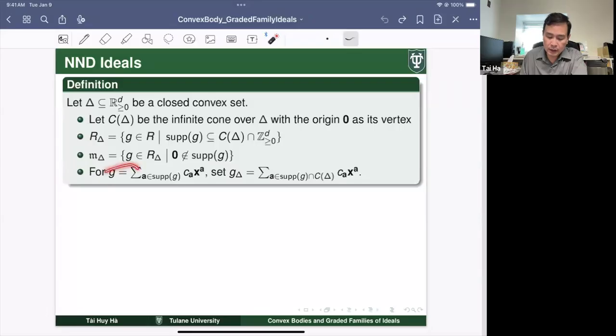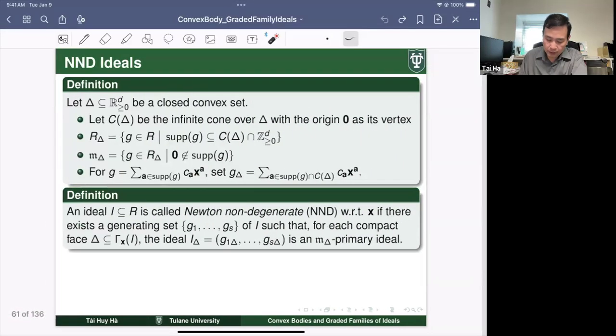For any element inside the ring R, we can look at its monomial representation and drop terms whose powers are not inside the support. So we just keep terms whose powers are inside the support, and we call this the restriction of g on delta.